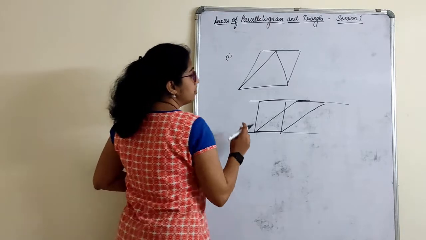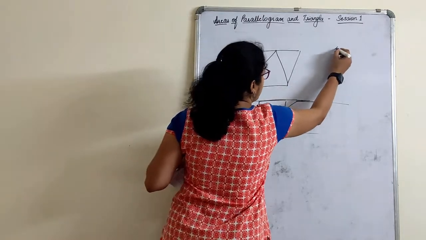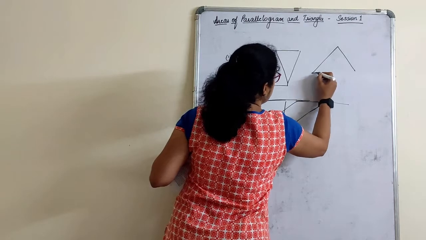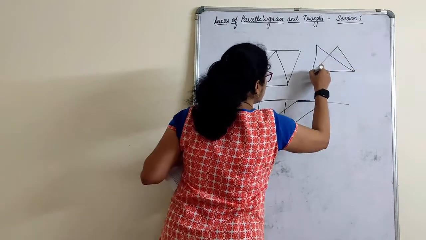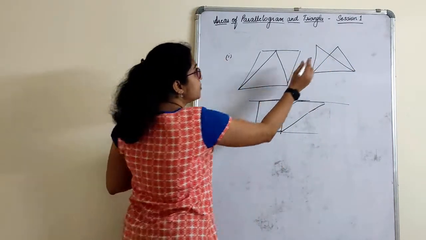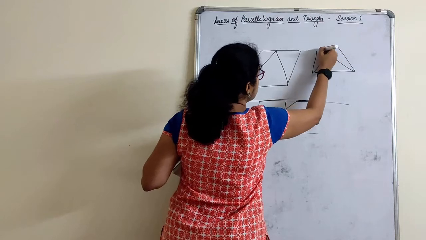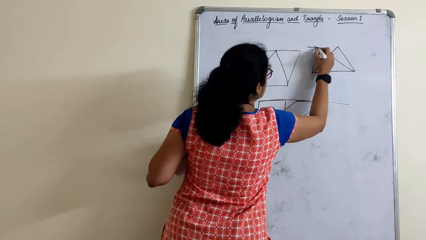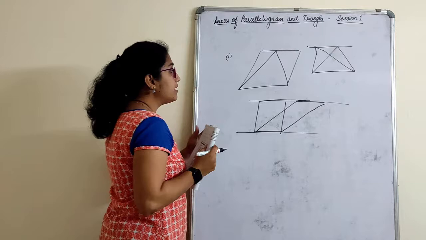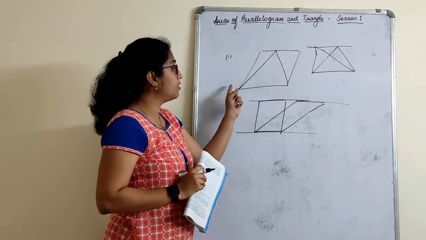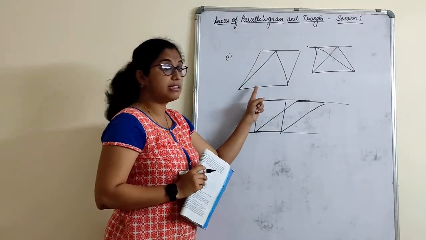So here, what have we seen? Or we draw a triangle. In both the cases, we have a triangle and a parallelogram on the same base.